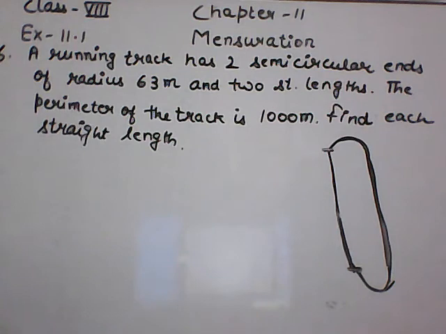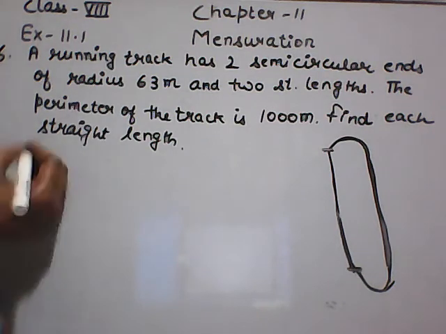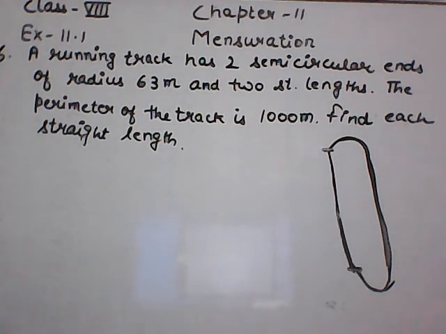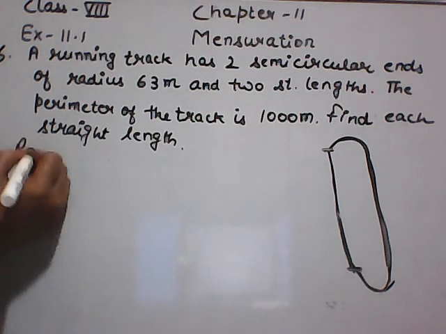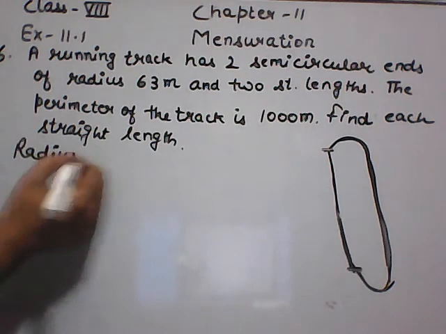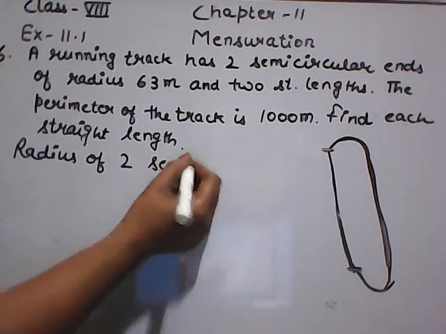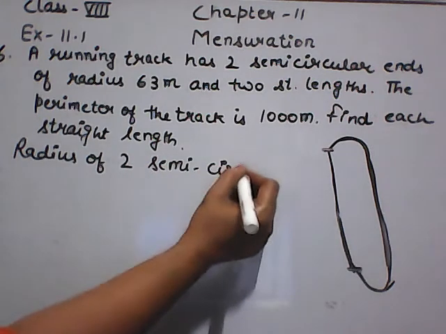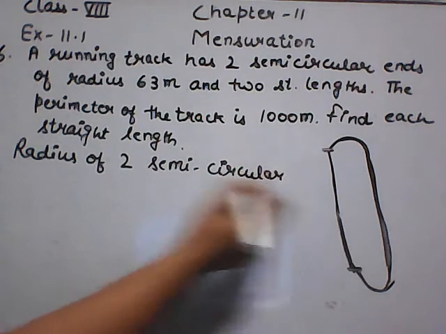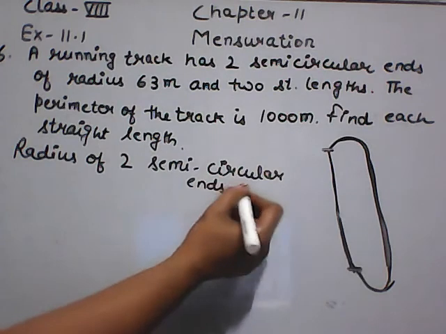Now, semicircular ends. The radius of the two semicircular ends is given to you as 63 meter.